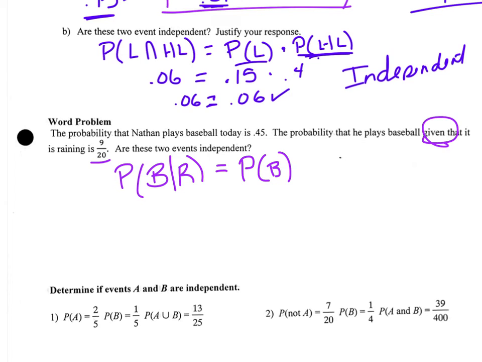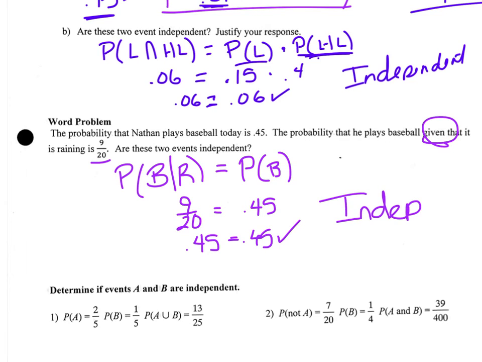That is the rule with the given conditional. So it's raining is 9 out of 20. Baseball is 0.45. If you're not sure if these are the same or not, figure out the decimal equivalent of that. It is 0.45. So these two are independent. Nathan really likes baseball.